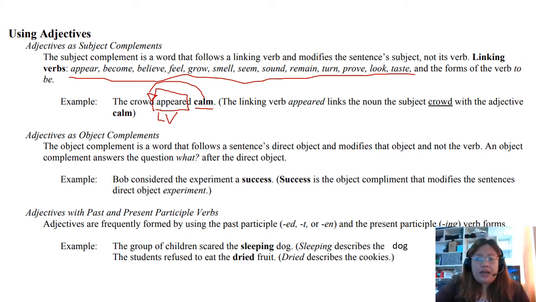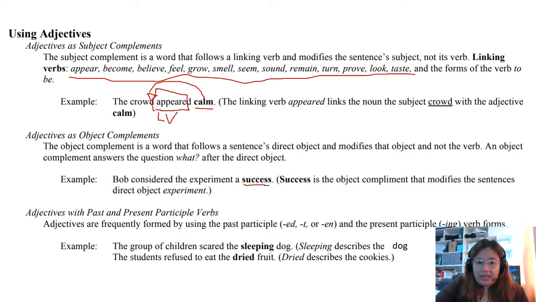Okay, we also use adjectives as object complements. So the object complement, unlike the subject complement, is a word that follows a sentence's direct object and modifies that object and not the verb. An object complement answers the question what after the direct object. So for example, Bob considered the experiment a success. So this is our adjective here.